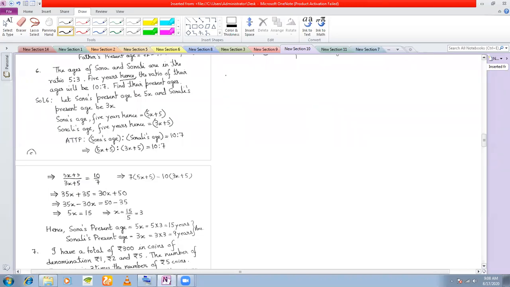Since the present age ratio is given, I say, let the present ages of Sona and Sonali be 5x and 3x respectively, because the ratios are 5 is to 3.